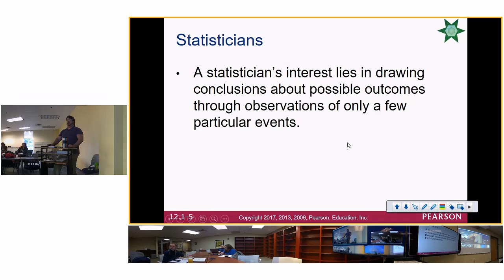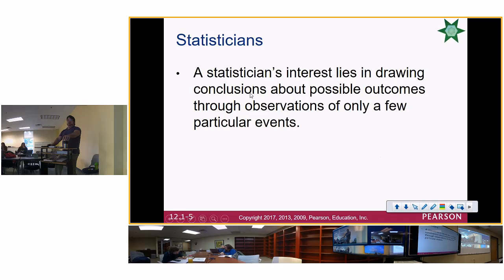A statistician is somebody that lives, breathes, and eats statistics. I think it's a made-up word for somebody that didn't become a mathematician. That's what I think, but that's just my own opinion. There's all kinds of people that want to be heroes, but they don't want to do the work to be a hero.